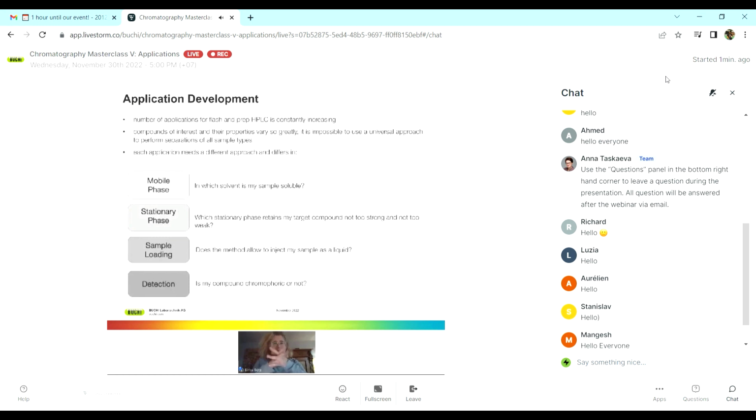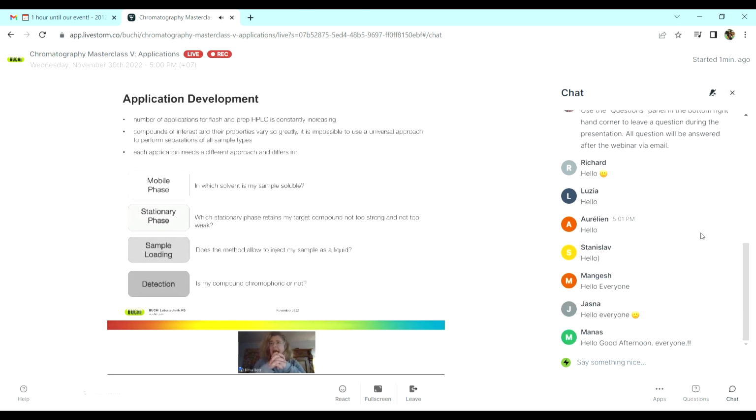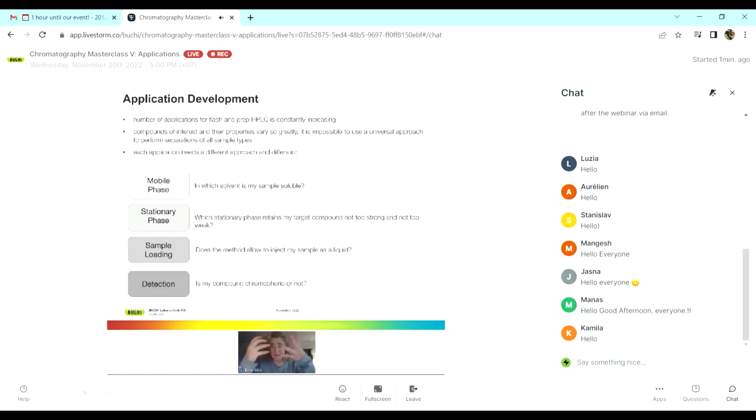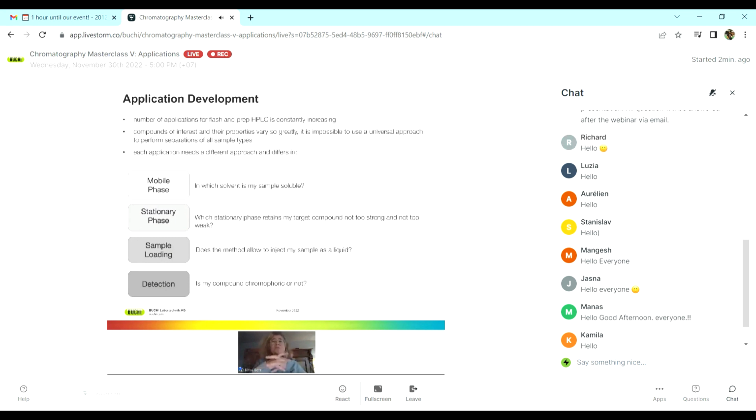So, application development. The number of applications in Flash and Prep HPLC is constantly increasing, and with this also the variety of the compounds. The differences in these compounds are so huge that it's not possible to define a universal approach to purify these compounds.